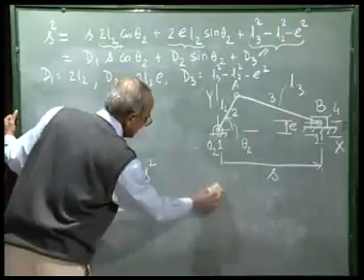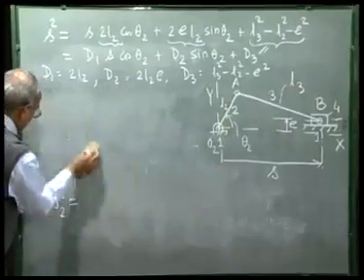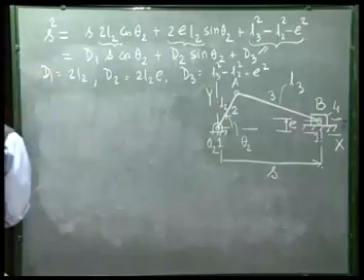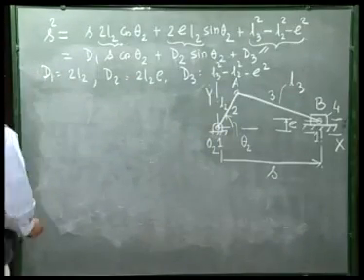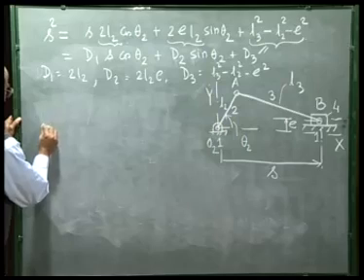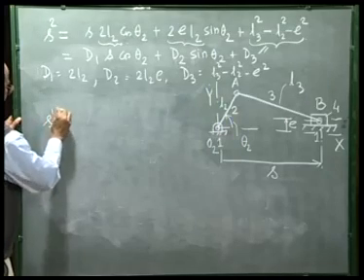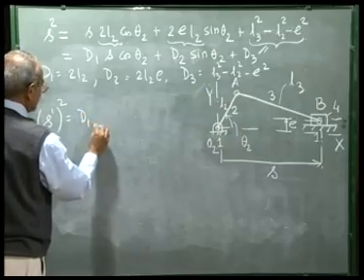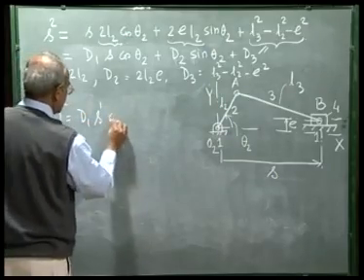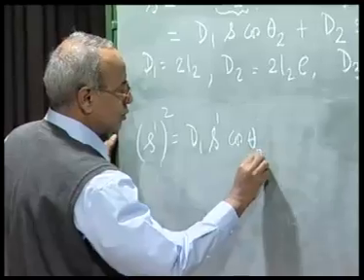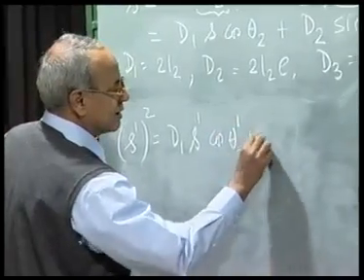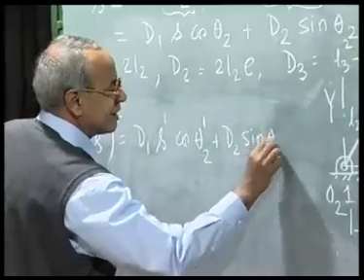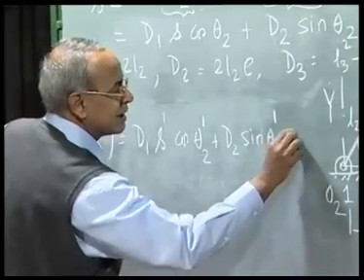So we get 3 equations by plugging in the values of theta 2 and S in this displacement equation, and we get S1 squared is d1 S1 cosine theta 2 1 plus d2 sine theta 2 1 plus d3.